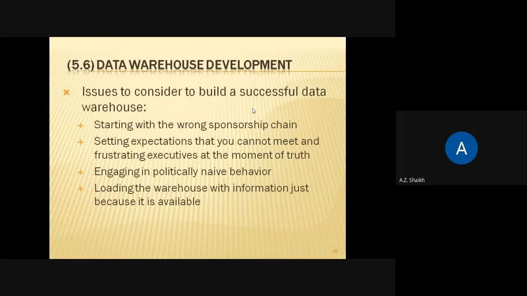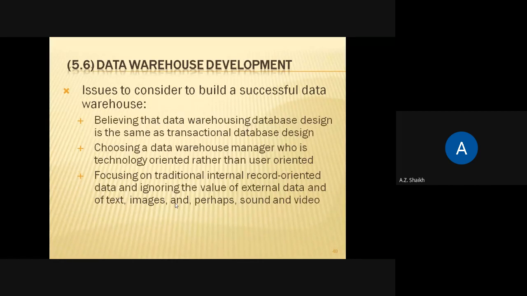That means, don't be like this: if the information is available, then load it into the data warehouse. Only if the information is useful should you load it into the data warehouse. Okay, so we need to consider these issues while building a successful data warehouse.